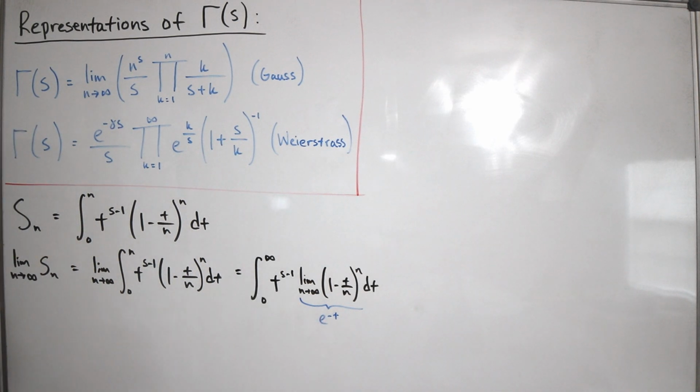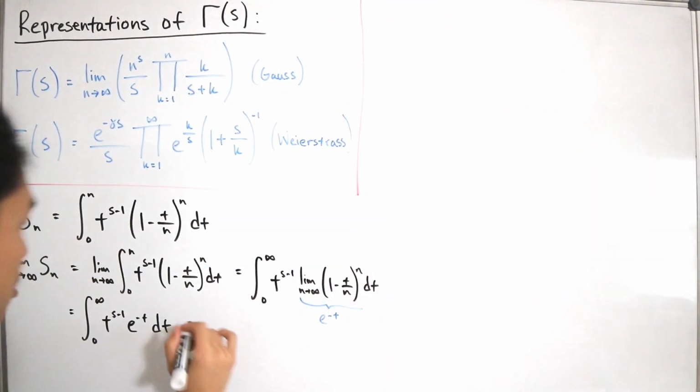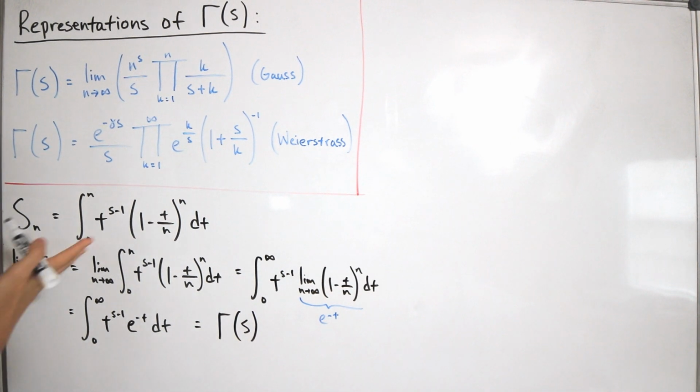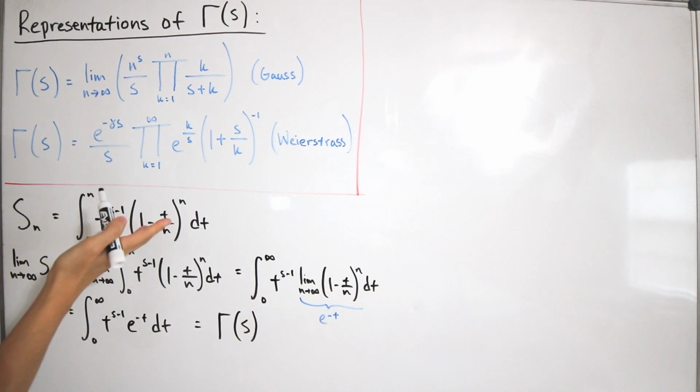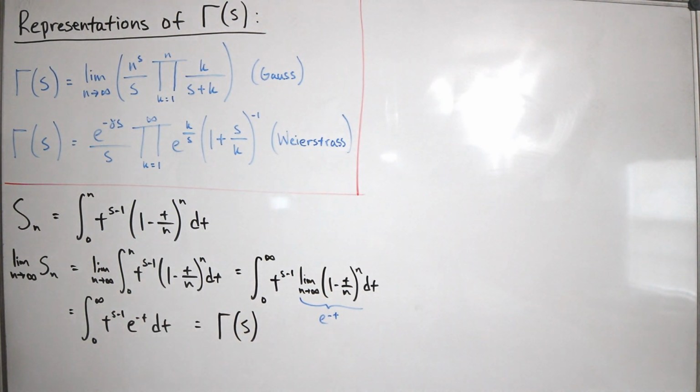Then we put that substitution in, so this is the integral from 0 to infinity of t to the s minus 1, multiplied with e to the negative t, dt. But what is this? This is exactly the form of the gamma function itself, so this is equal to gamma of s. So that's nice: as n approaches infinity, this integral indeed converges to the gamma function.